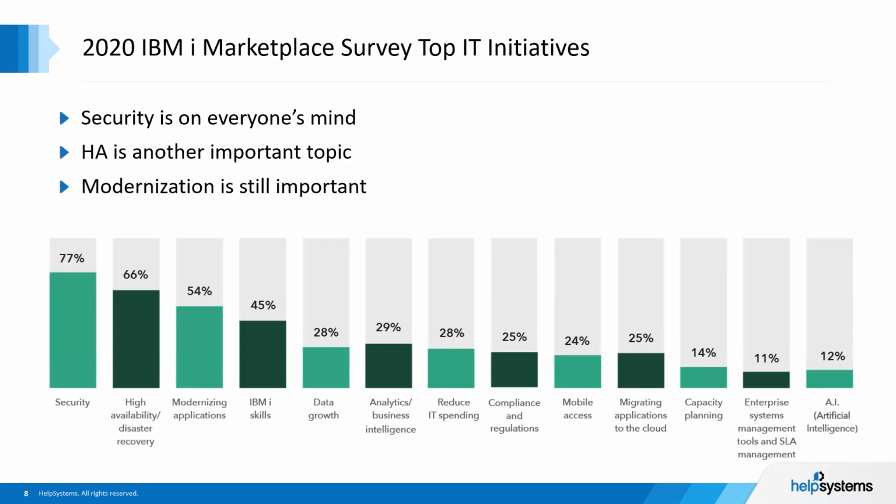Security has been at the top since being included as an option, and has increased steadily from 33% that said it was an area where they need to spend time back in 2016 to 77% in the latest survey in 2020. Security and the need to secure is not going to go away.